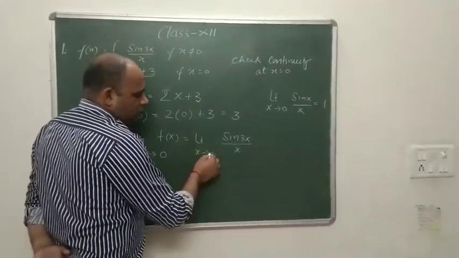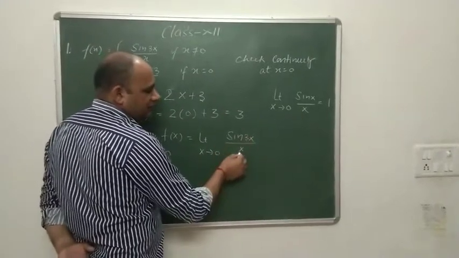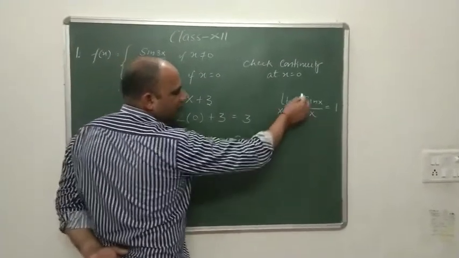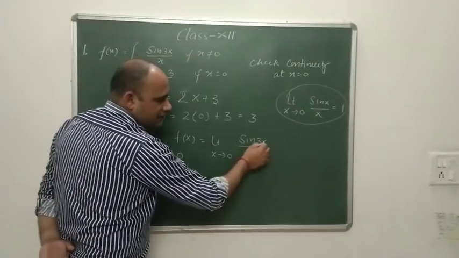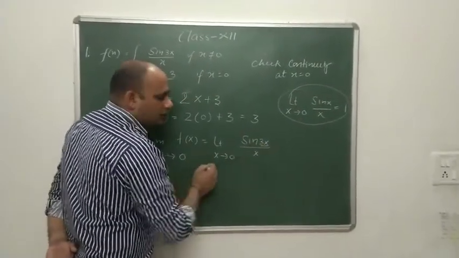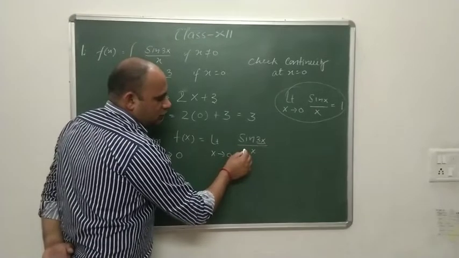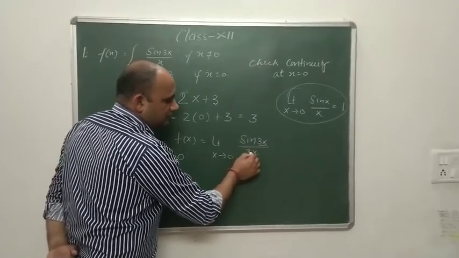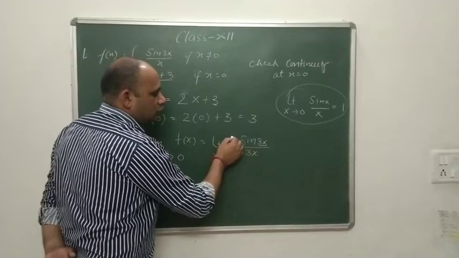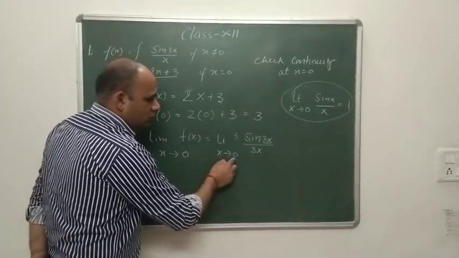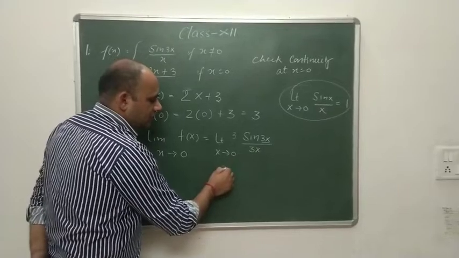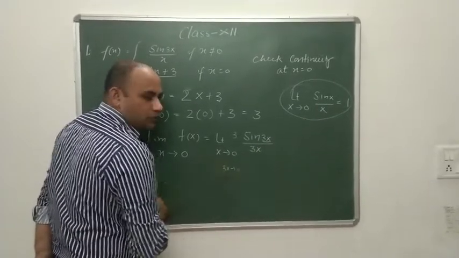If x tends to 0, for sin 3x by x we will make such a condition. Here theta is 3x, so in the denominator also we need 3x, so we divide by 3 and also multiply by 3. If x tends to 0, then 3x also tends to 0.